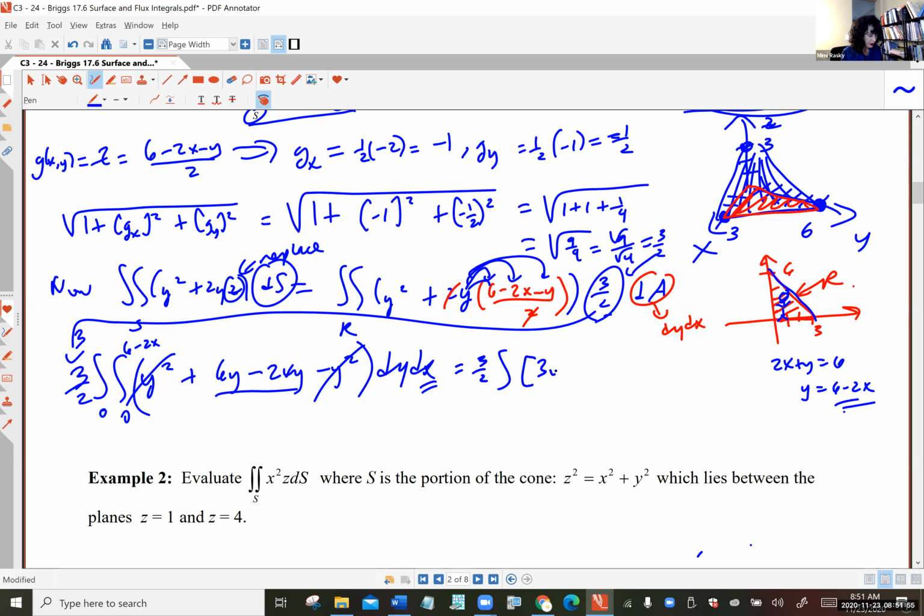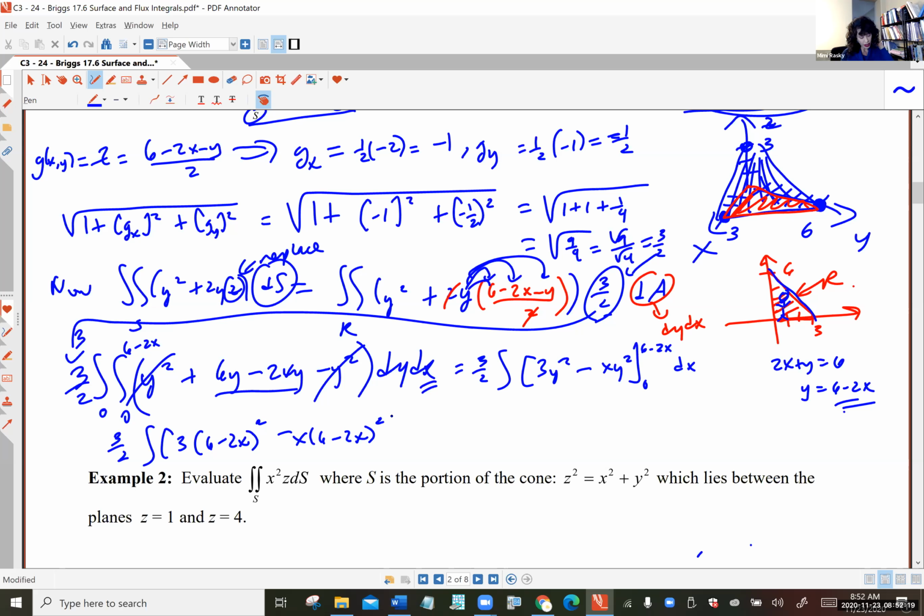I think I'm going to get 3y squared minus xy squared, going from 0 to 6 minus 2x, so that you can see this is going to get pretty messy when I substitute my limits. The 0 is just going to have both those terms go to 0, but this is going to be pretty bad.